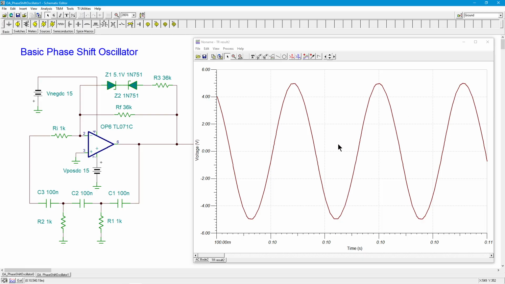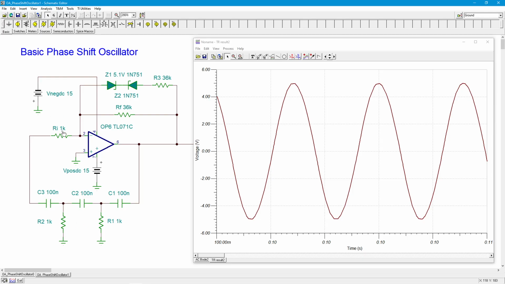Now, I also mentioned this is designed for fixed frequency. If you look at this, there isn't a really convenient way to play with the frequency, like with a single pot. There are some other videos that we have regarding adjustable, sweepable sorts of signal generators. This is really not one of them. If you think about it, you could theoretically take R1, R2, and Ri and get some kind of triple, quadruple gang pot.